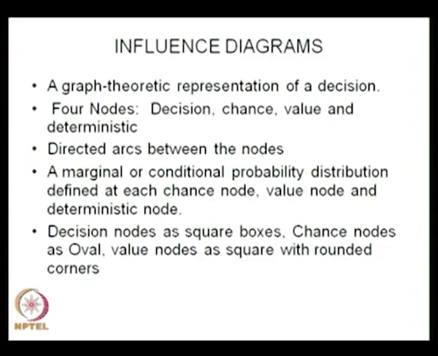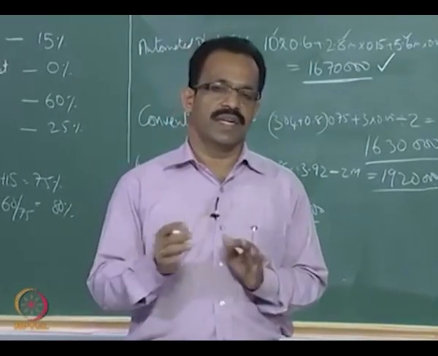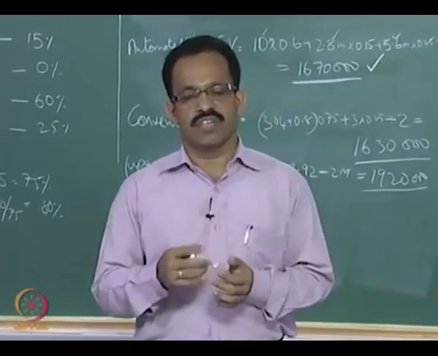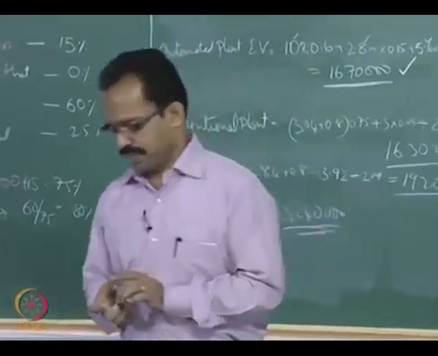So this is how we represent the influence diagram using these nodes. I will take a few simple examples and explain how we use the influence diagram to represent the dependency of various decisions, and how the interrelationships and directed arcs represent the relationship in the influence diagram.